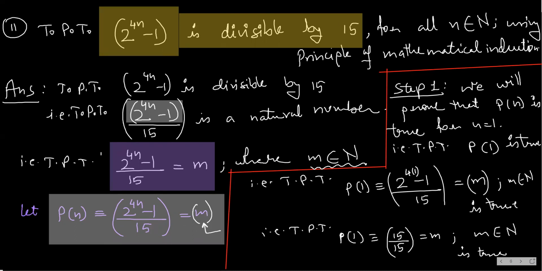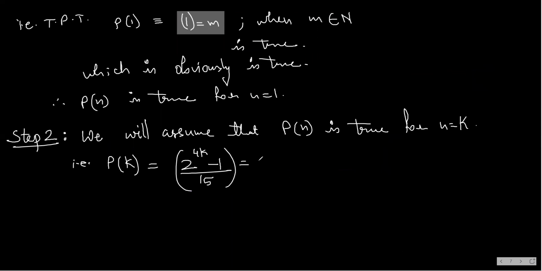So I use some other letter, say H. So 2 raised to 4k minus 1 upon 15 is H, where H belongs to n, where H is a natural number, and this is true. This is my statement number one.